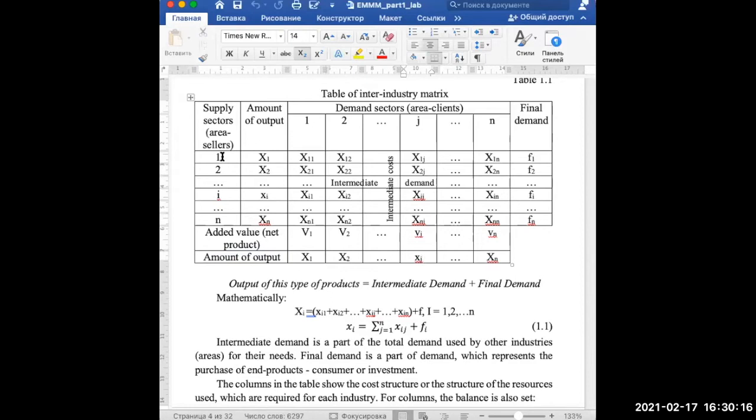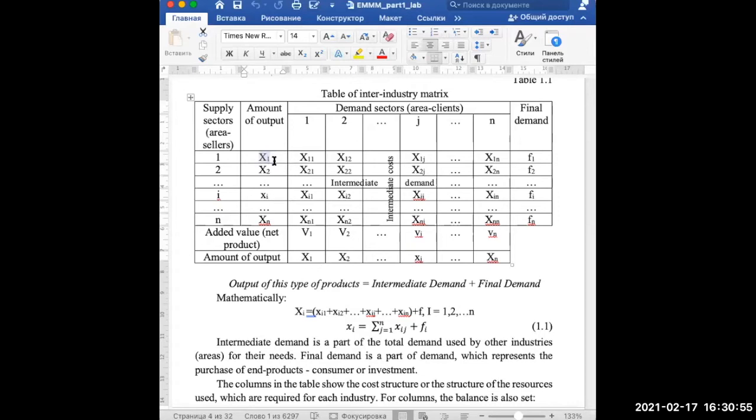So we have all branches in these rows, and we also have all our branches in these columns. Because each branch plays a double role, being a supplier and a client at the same time, we need to find the amount of output of each branch from two points of view, and they must be equal to each other.